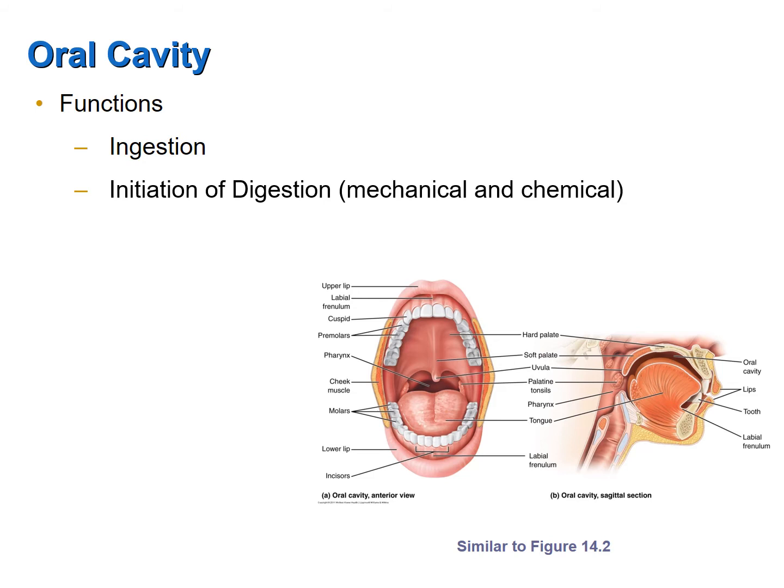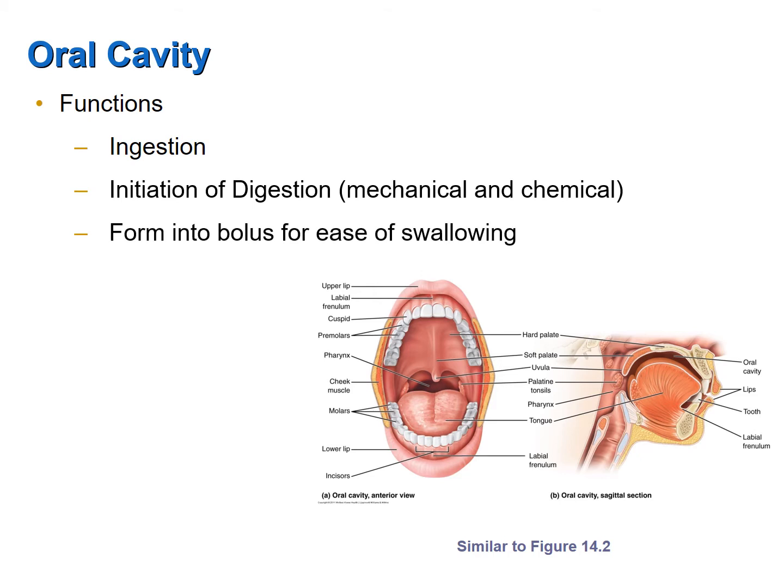There is some mechanical digestion in the form of the breaking down of large pieces of food into smaller pieces of food, and there is a small amount of chemical digestion that occurs as well in the form of the breakdown of some carbohydrates, starch specifically.